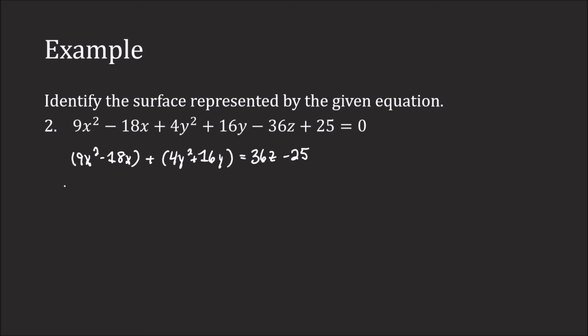Well, look, in this first one we can factor out a 9. So we have x squared minus 2x. From the second group we can factor out a 4. So we'd have y squared plus 4y. Now we want to complete the square.